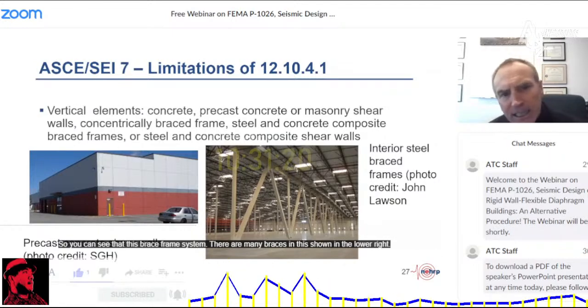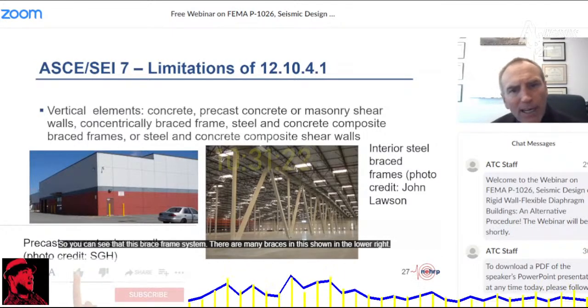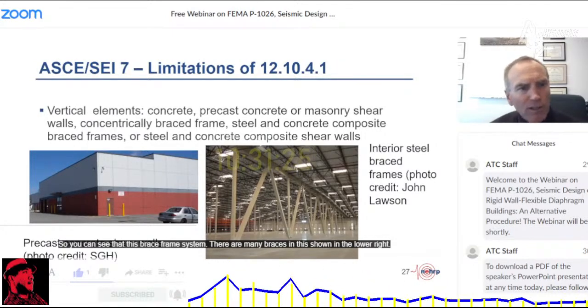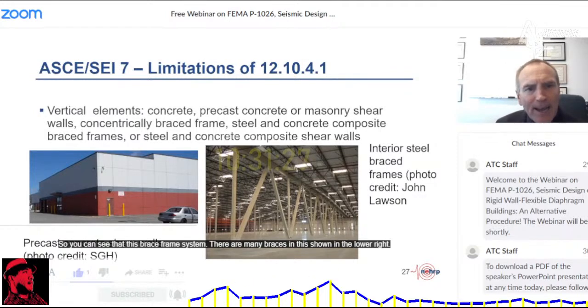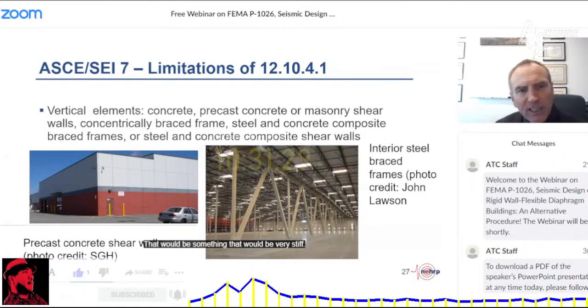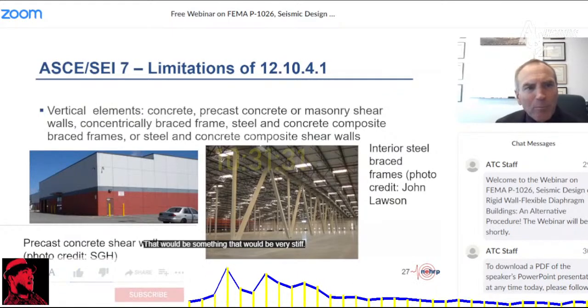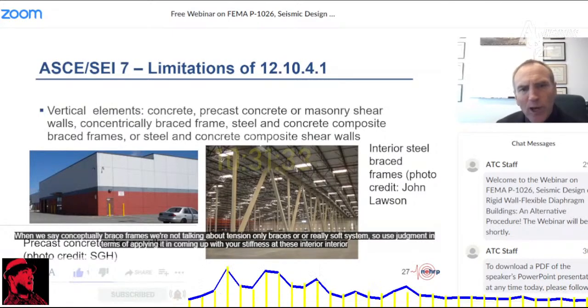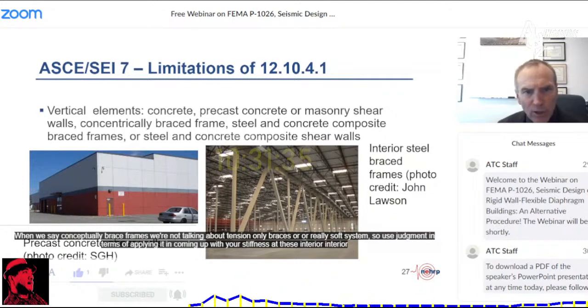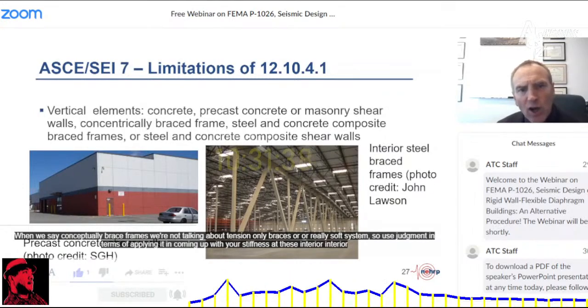So you can see that this brace frame system, there are many braces in this, shown in the lower right. That would be something that would be very stiff. When we say concentrically braced frames, we're not talking about tension-only braces or really soft systems.